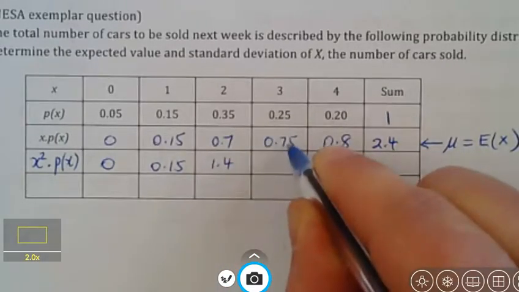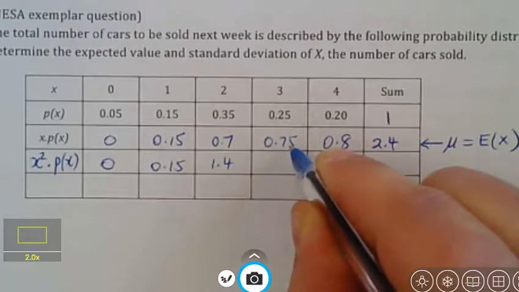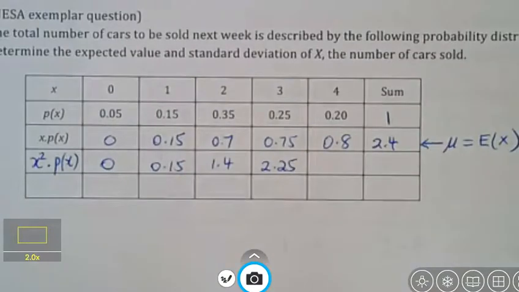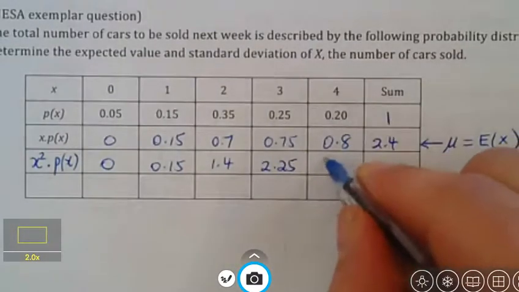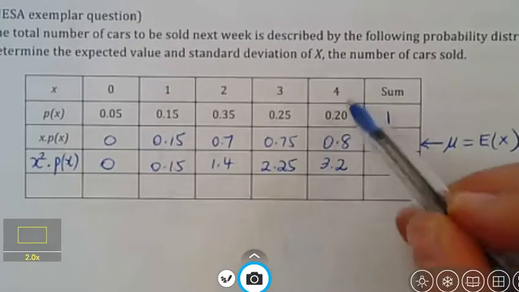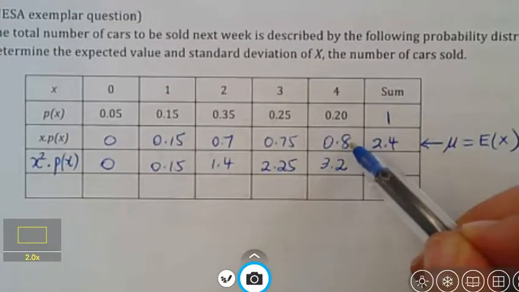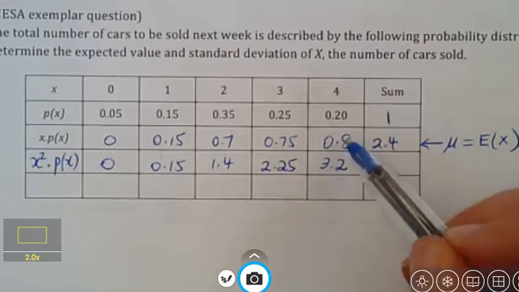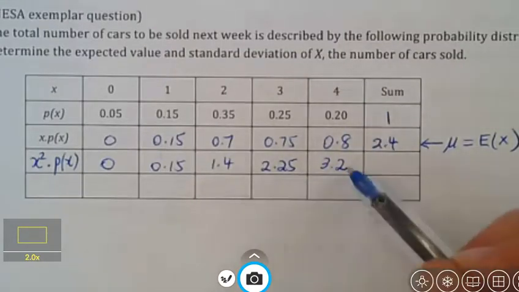Actually, it would just be this value. 3 times 0.75. Anyone? You know why? Because this is x times px, and you're just multiplying it by another x. Well, it's that squared times the probability. Is that what you're getting, girls?